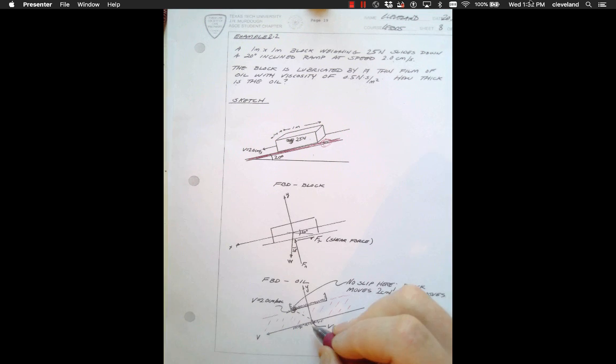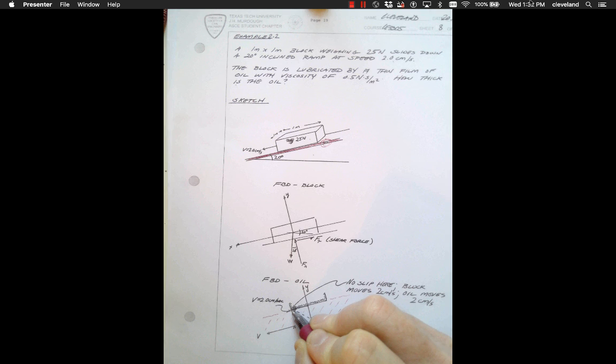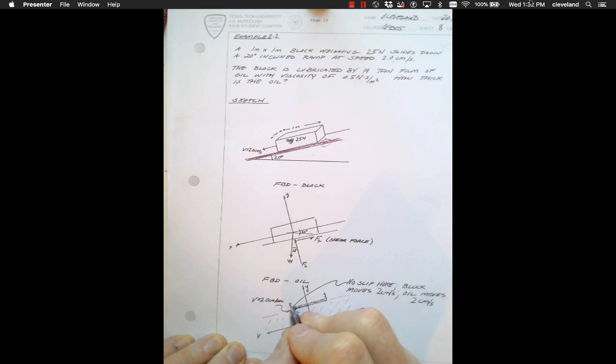And we have the property that there's no slip at the oil-ramp interface, and there has to be no slip at the block-oil interface. So at this location, the relative velocity of the oil relative to the block is 0.